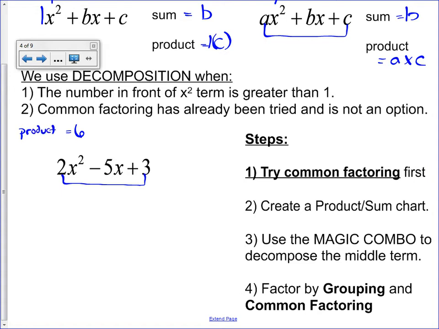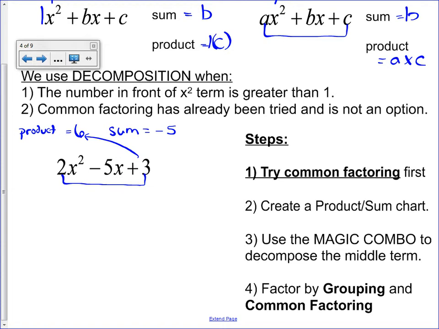My product has to equal 6. My sum has to equal what? -5. So this part still is the same. One extra step, 2 times 3, that's where I get this 6 from.